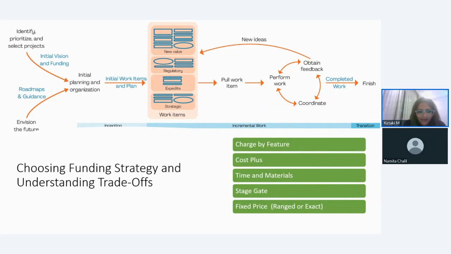On the diagram above, you see the inception phase, the first stage of really the project. If you can see my laser pen here, this inception phase is initial work items and plan. It is over here that you are going to have the funding strategy frozen.